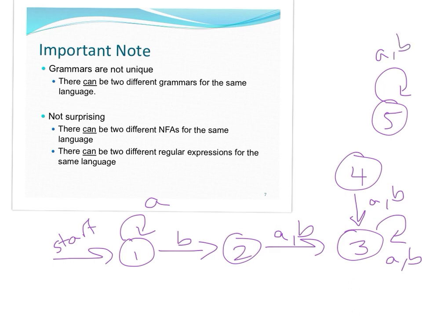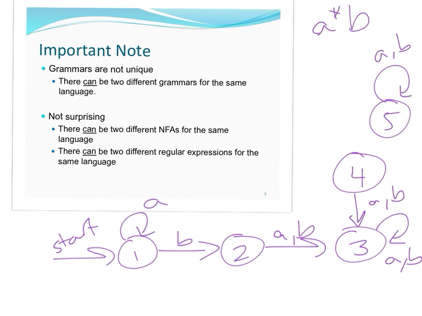All 5 of these states, that's a totally valid DFA. There's nothing that says all our states need to be connected. So that's a completely valid DFA that recognizes the language A star B. Just because there's a single unique minimal state DFA doesn't mean that there's a unique DFA. There's a ton of DFAs. Actually, more than a ton, an infinite number. We can keep adding nodes as long as we want to.